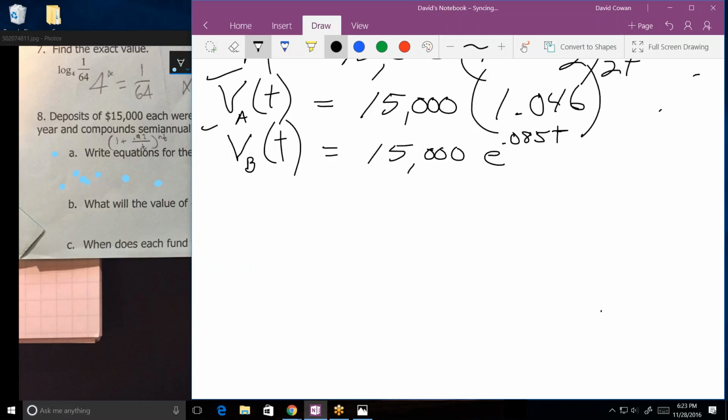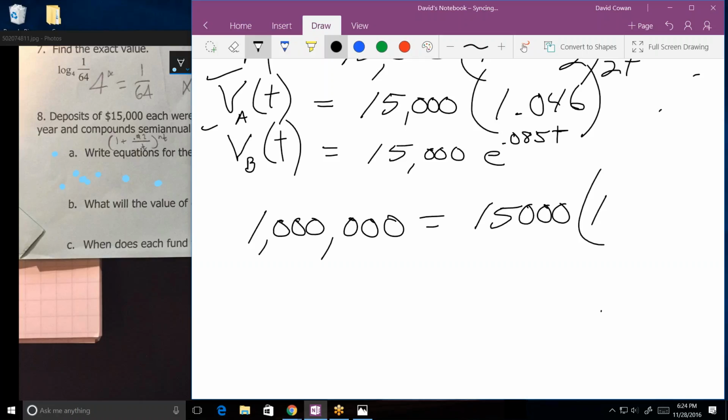Yeah, in other words, set V sub A of t equal to $1 million. So I start off this way. That's 2t, right? Yeah.